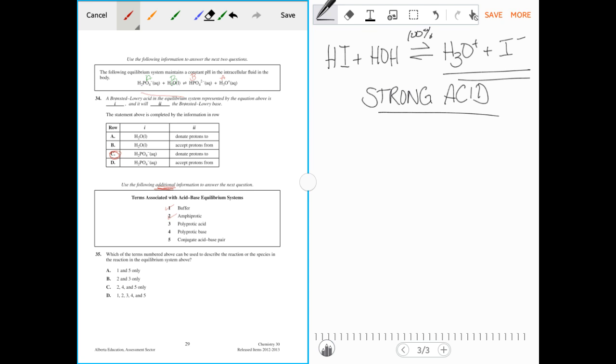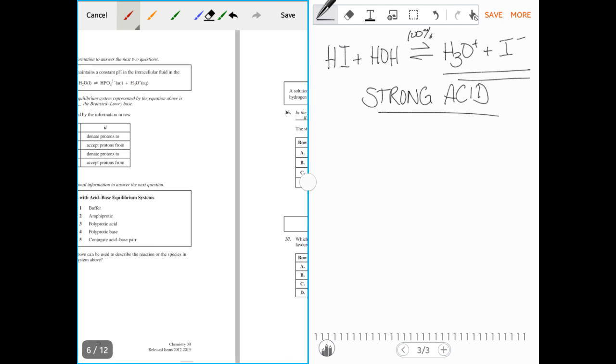It has two, in fact, so we can check that off. Polyprotic base. Again, this base can remove more protons or add more protons. It's a polyprotic base for sure. And a conjugate acid-base pair, well, our conjugate acid-base pair is either those two or those two, in which case we have a conjugate acid-base pair. So our correct answer here is D.